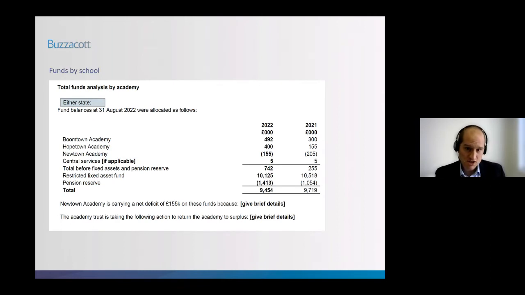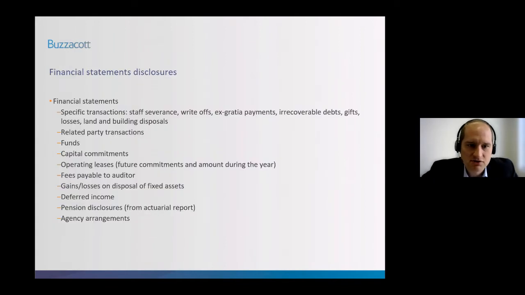Over on the next slide, just looking at some of the financial statements disclosures. Whilst the vast majority of information in the financial statements will come from your trial balance, there are certain items that won't, and we've listed some of those out here. The list is not exhaustive, but it highlights the need for things like if you've got operating lease commitments, those commitment disclosures are not going to come off the trial balance.